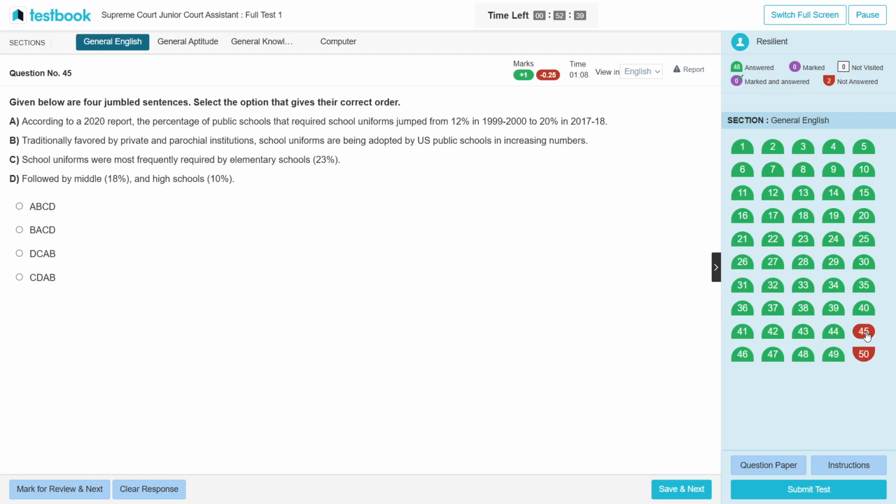According to a 2020 report, the percentage of public schools that require school uniforms jumped from this to this.